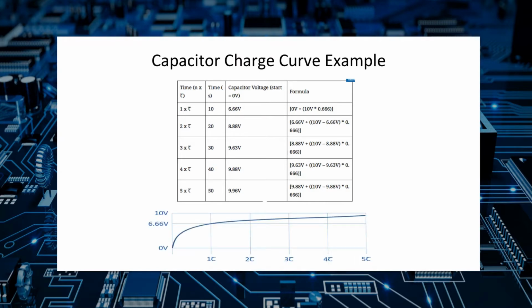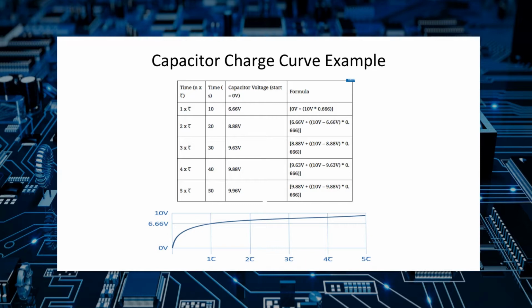But if the capacitor is only charging by 2/3 of the remainder each time tau passes, tau being 10 seconds in this example, then it can never reach the full 10 volts because it's getting closer and closer, but never quite getting there. And that might be true in theory, but for our engineering purposes, we define the capacitor to be fully charged after 5 tau.